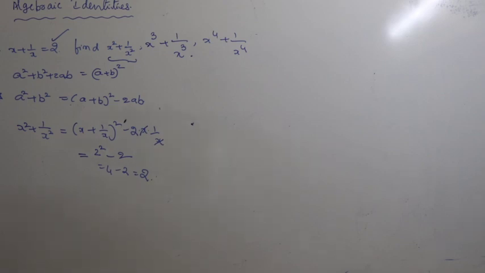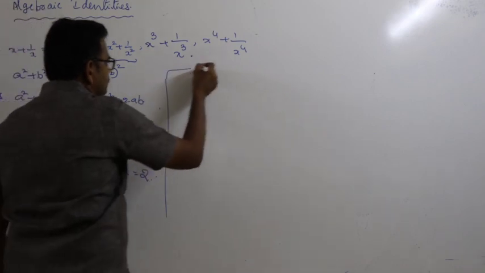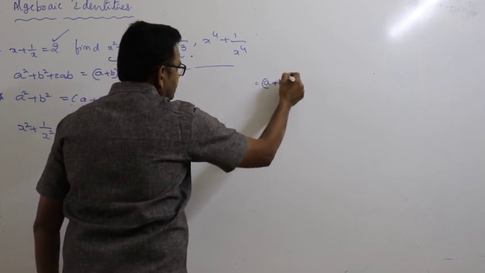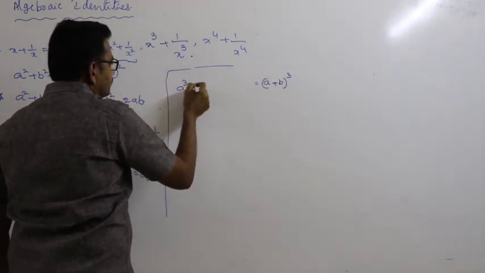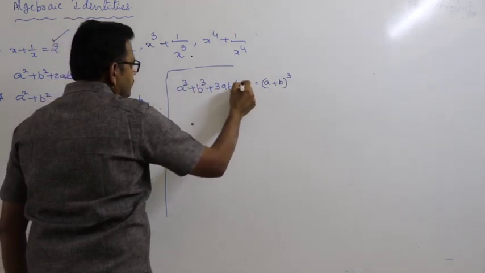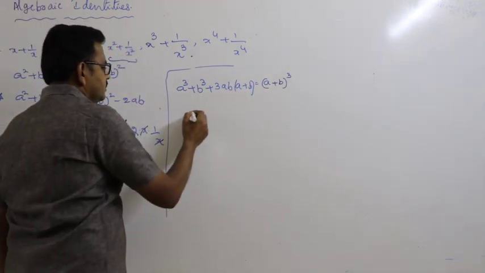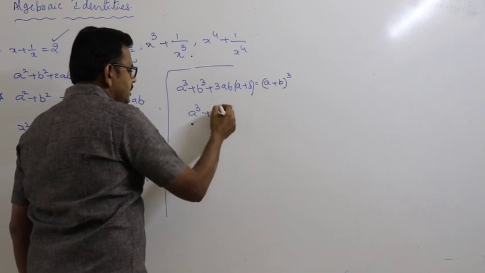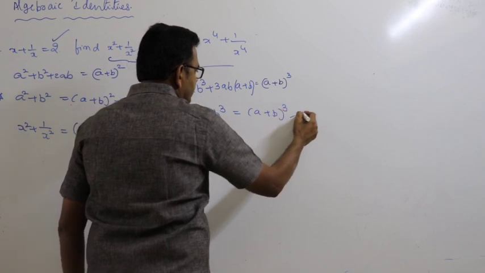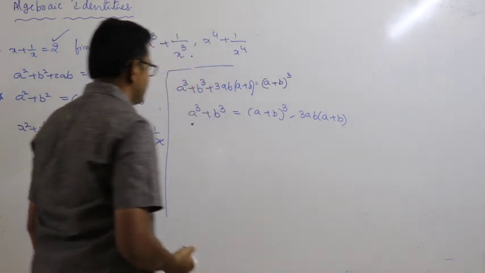This is the first one. And the second result, the a plus b whole cube formula: a cube plus b cube plus 3ab into a plus b. So a cube plus b cube is equal to a plus b whole cube minus 3ab into a plus b.